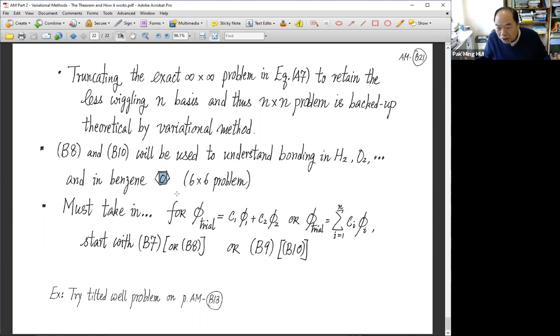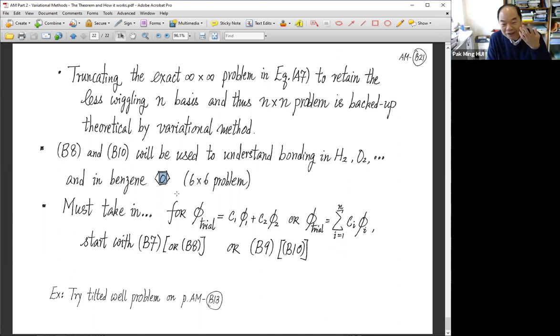A natural choice will be linear combining 6 functions, one from each carbon. You have a combination of 6 wave functions as your trial wave function of how these electrons, so-called pi electrons, will bond themselves.